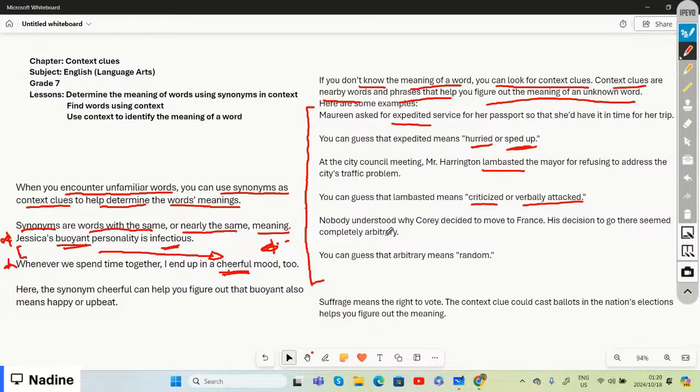All right. Nobody understood why Corey decided to move to France. His decision to go there seemed completely arbitrary.